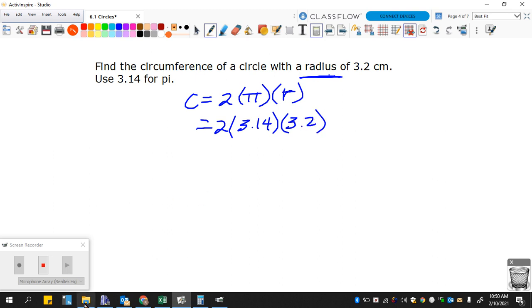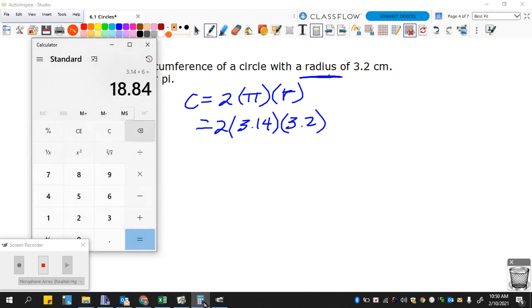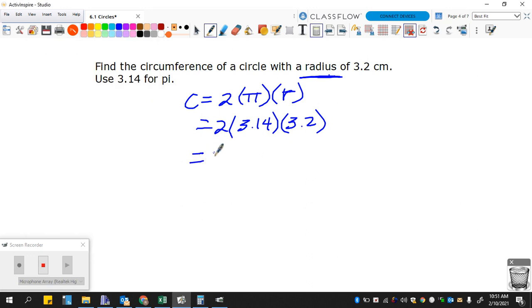Plug it into the calculator, 2 times 3.14 times 3.2, and we end up with 20.096 centimeters, or 20 and 96 thousandths centimeters.